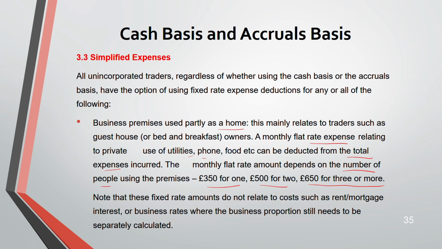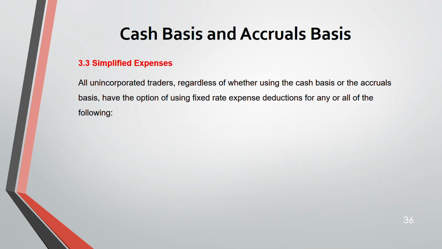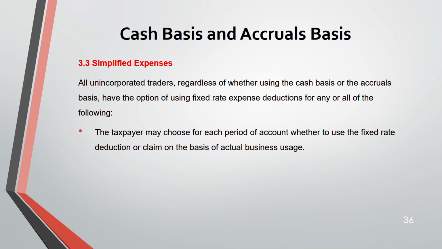Note that these fixed rate amounts do not relate to costs such as rent, mortgage interest or business rates, where the business portion still needs to be separately calculated. Next, the taxpayer can choose for each period of account whether they want to go by fixed rate deduction or claim on the basis of the actual business usage.